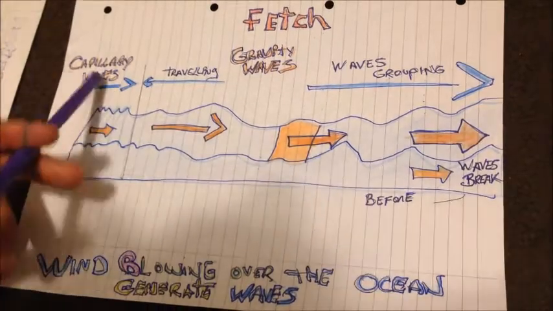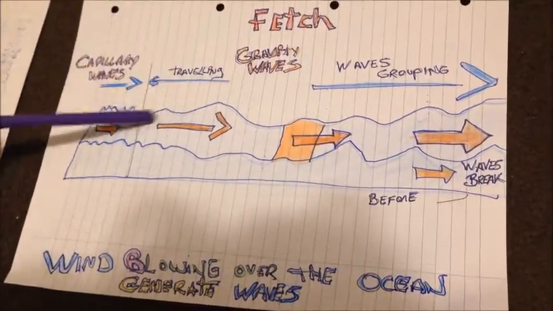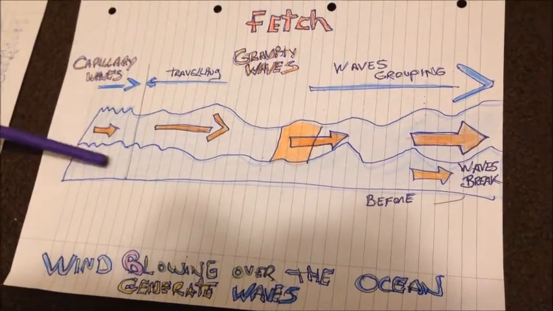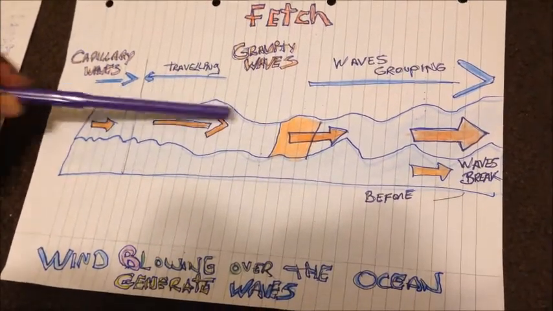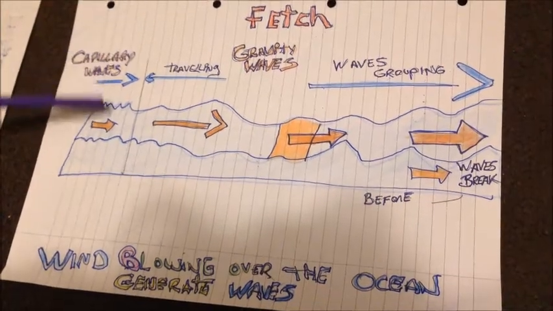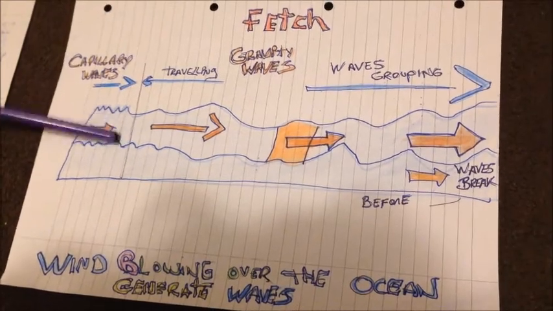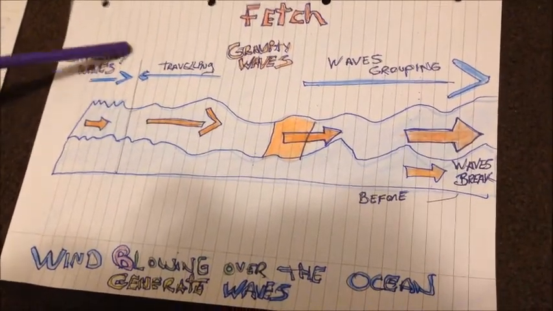We'll start talking about the capillary wave. When the wind starts traveling close to the ocean, it creates turbulence in the water and makes this kind of very messy wave. This is called a capillary wave.